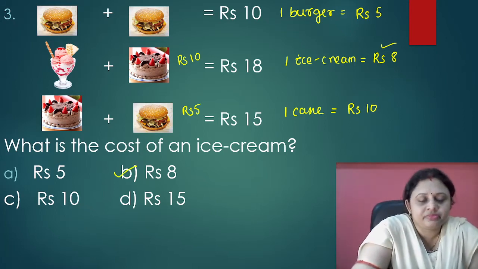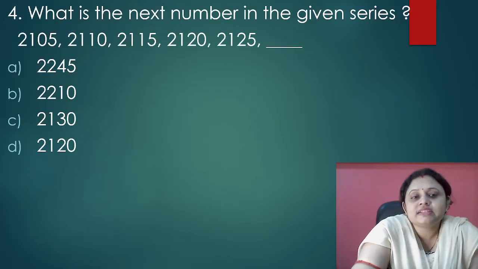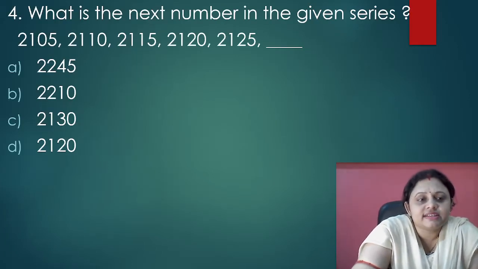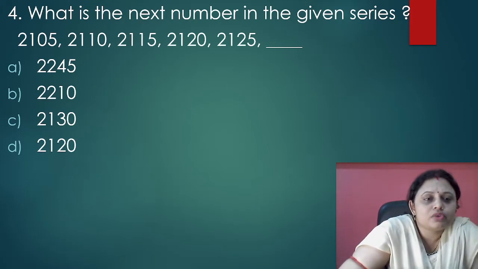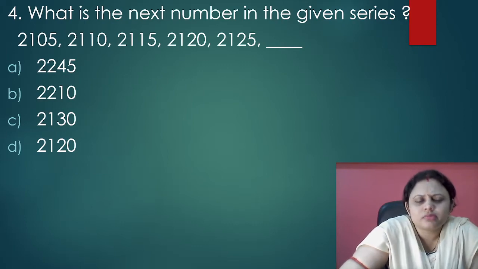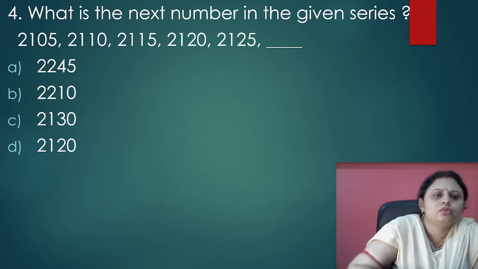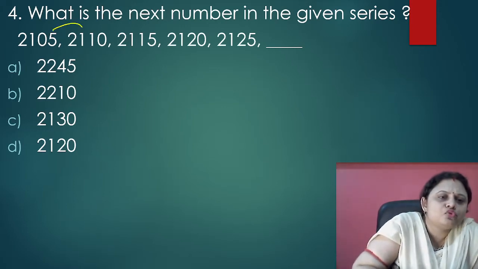Okay. Next question. What is the next number in the given series? 2105, 2110, 2115, 2120, 2125. Can you see some common difference between these? From 2105 to 2110, it is plus 5.